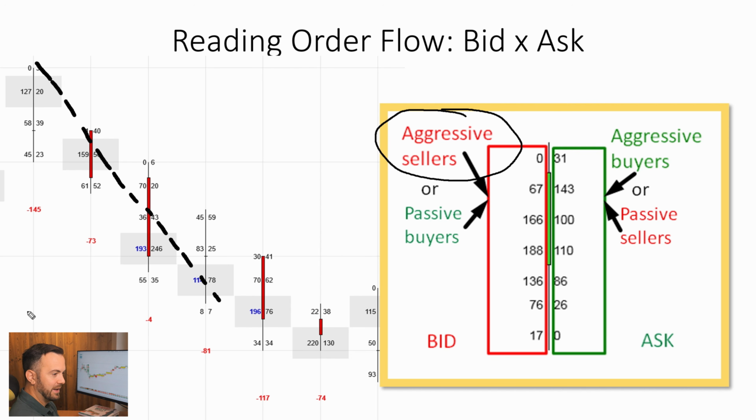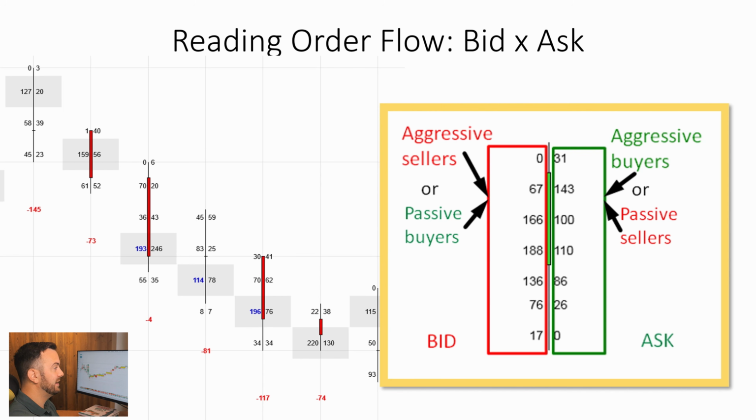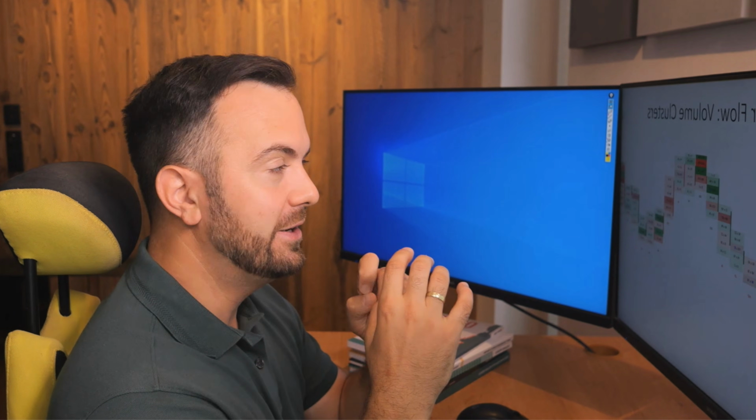If the price hits a strong support, for example here, and some huge order appears here on bid, then it's likely that it is a passive buyer who entered a limit long, right? It's all about context. We'll talk about that. Don't worry. Right now, I know that it could seem a bit complicated, but I'll try my best to make it easy for you.